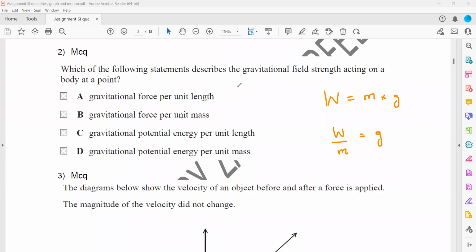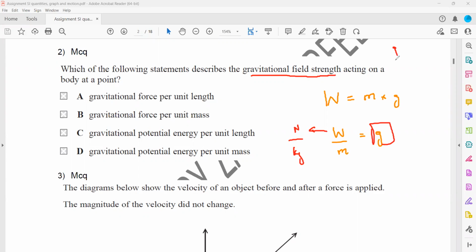Like the question is, which of the following describes the gravitational field strength? So which one describes the gravitational field strength? So value of g. Weight is there in Newton and mass is there in kilogram. So basically it's the gravitational force, because weight is the force, the gravitational force per kilogram or unit mass, or on a unit mass.